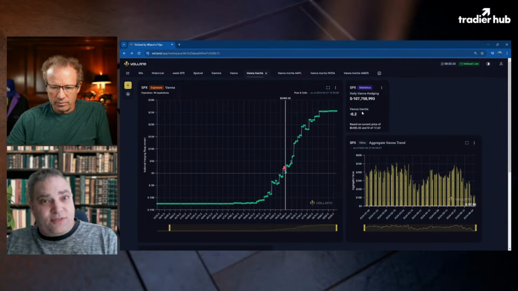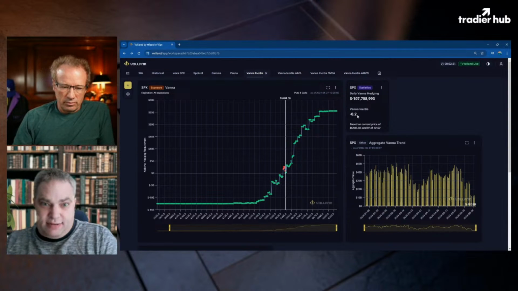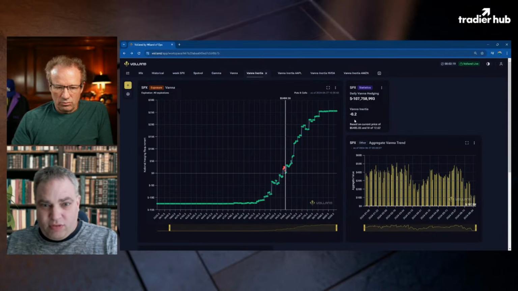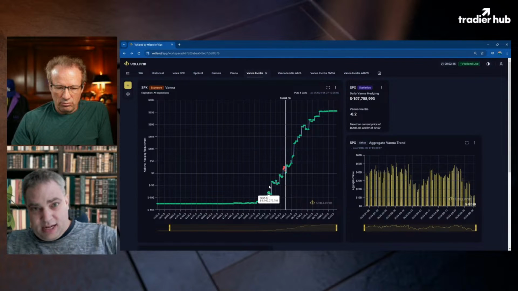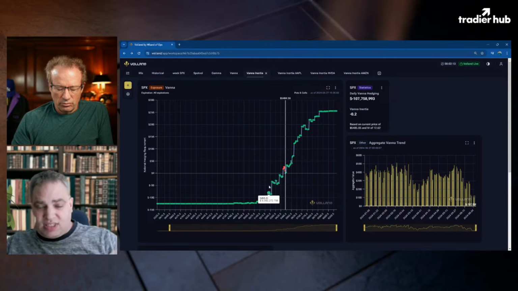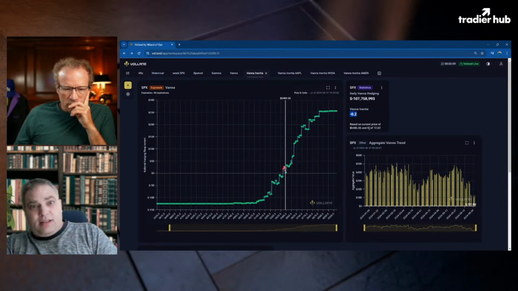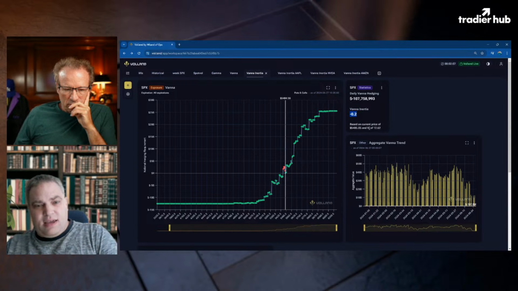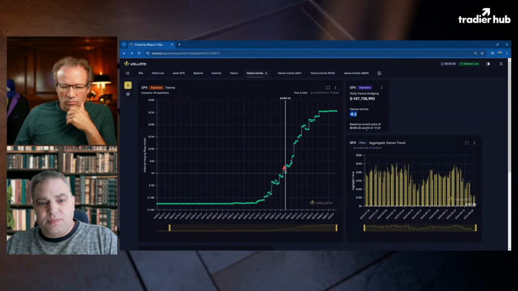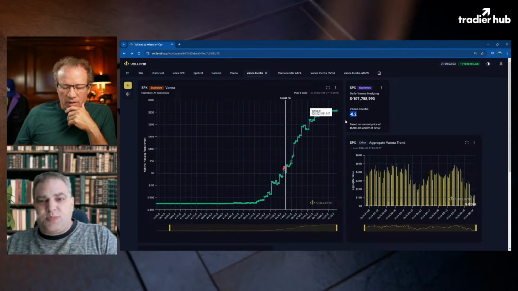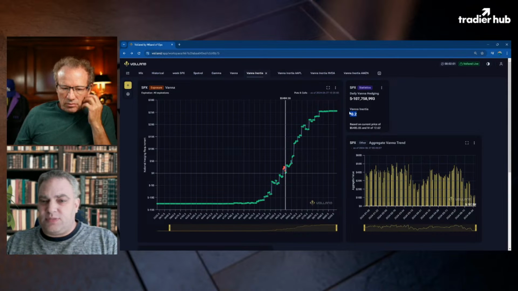But now let's say inflation goes to 6% overnight or whatever. The impact that would have, assuming it's the same pressure on both sides, is going to be greater on the bearish side than it would be if people considered it bullish. And that's what this Vanna Inertia is measuring.